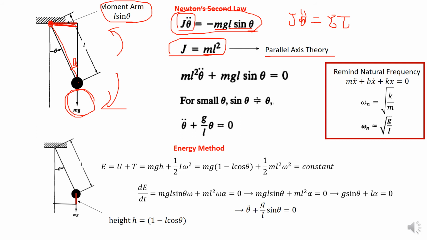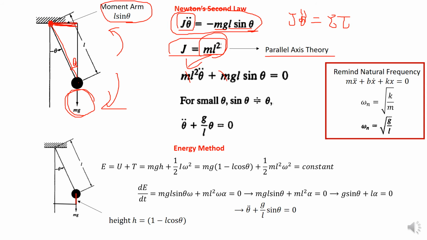So we get negative mgL sine theta here. We replace J with this term and cancel the m.